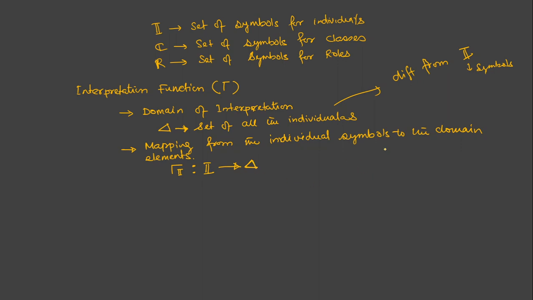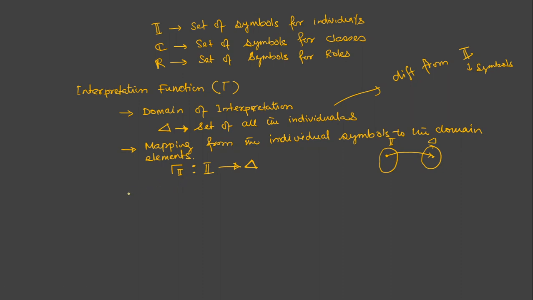So what you have? You have this set and this set. This is the set of I and this is the set of delta, and you have a mapping from this I to a delta, right? So the mapping can be one to one or one to many, so that doesn't really matter.